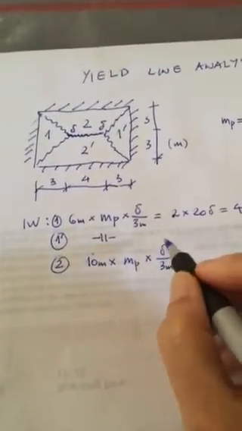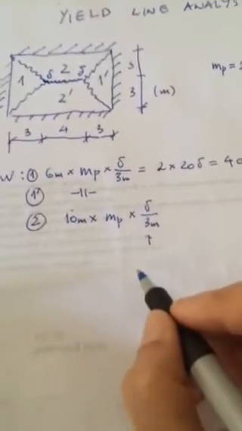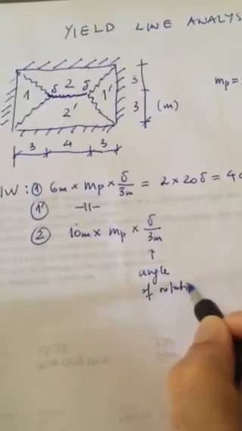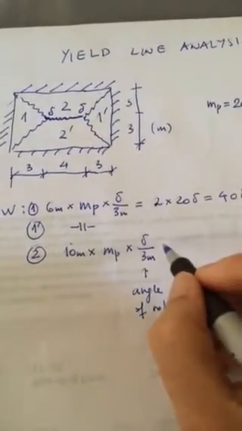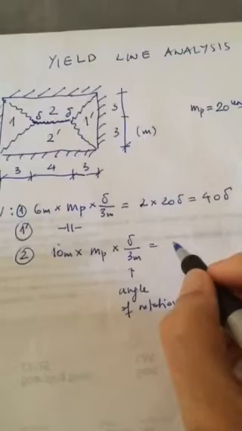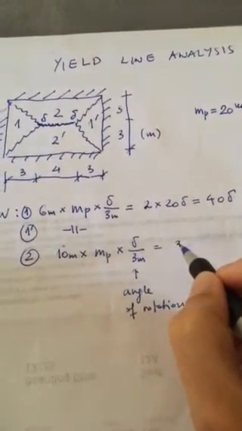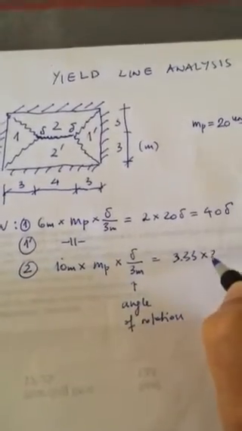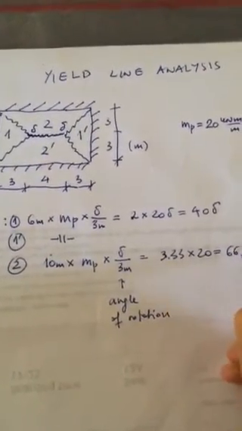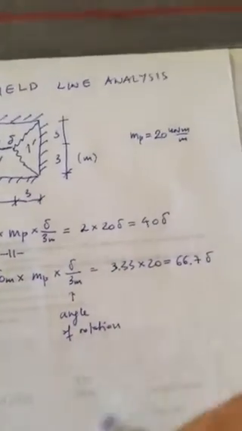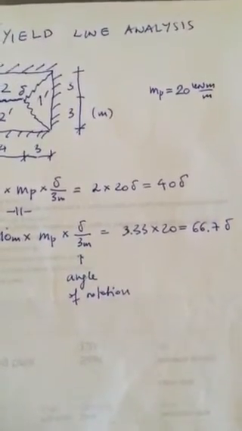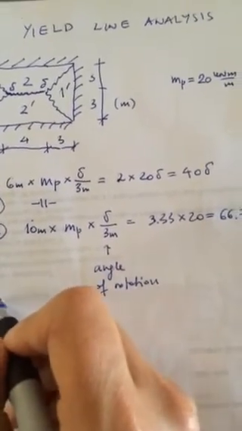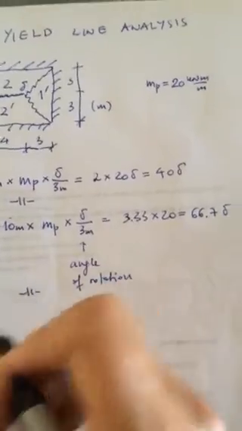So the angle of rotation is now 3.3 times 20, so it's 66.7 delta. And for element 2 dash it is exactly the same.